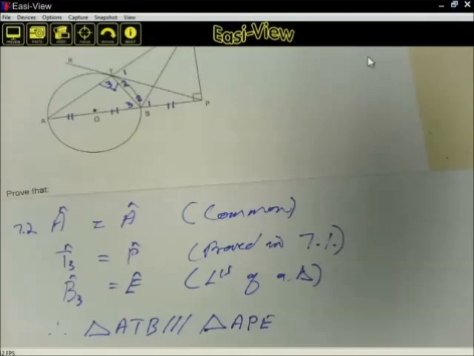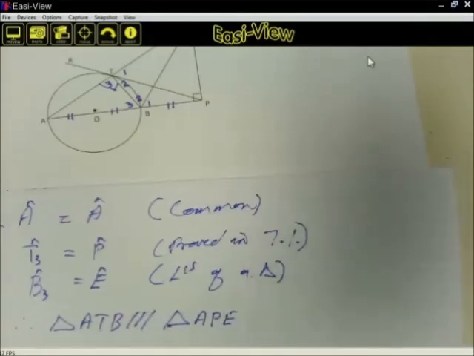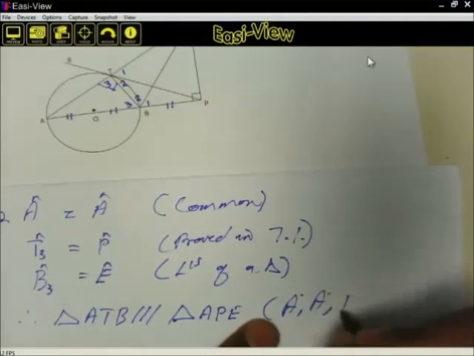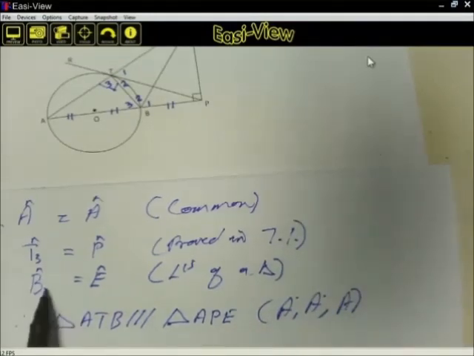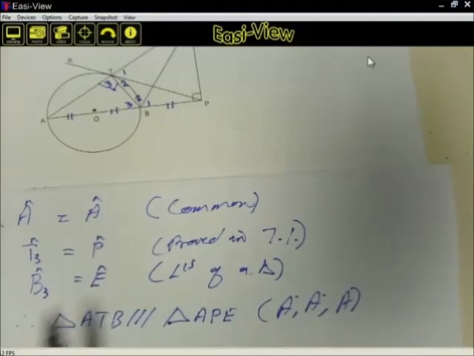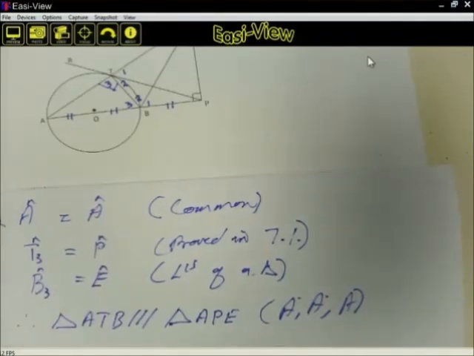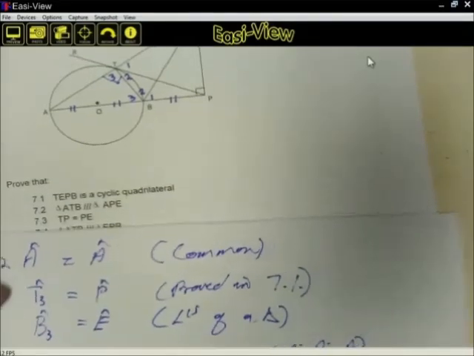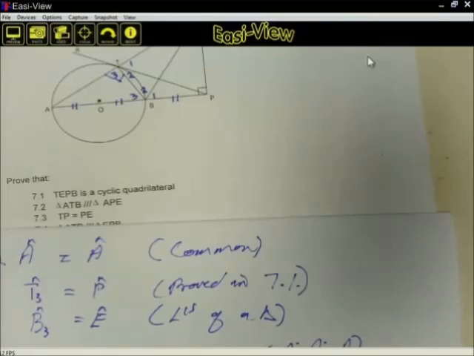Triangle ATB is similar to triangle APE. The reason: angle, angle, angle. Because we've talked of the first pair of angles, the second pair, and the third pair. I think 7.2, we've done it well. Let's look at 7.3.